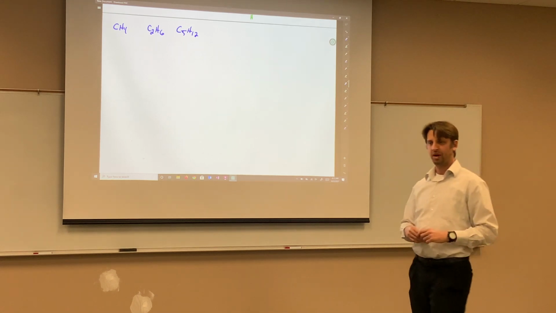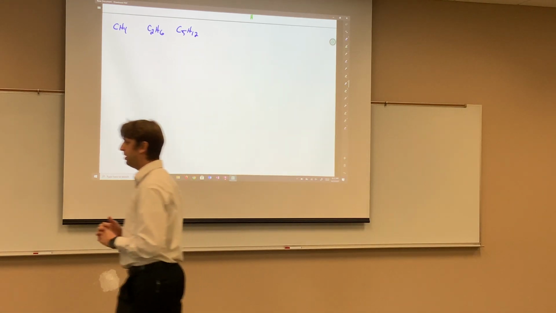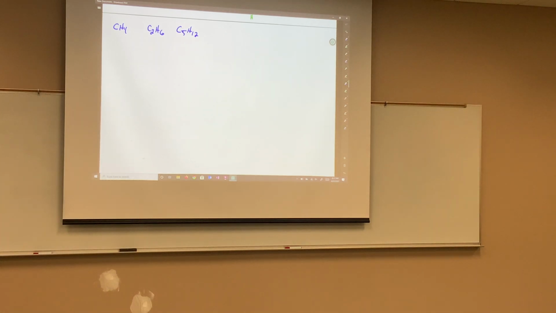So we learned about isomers and all this kind of stuff, good. Let us instead try and draw the structure of C2H4, okay? And see what you guys can come up with for C5H10.